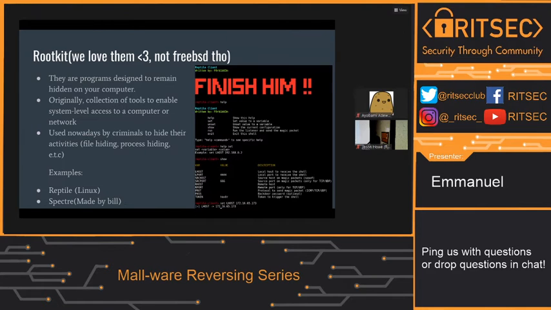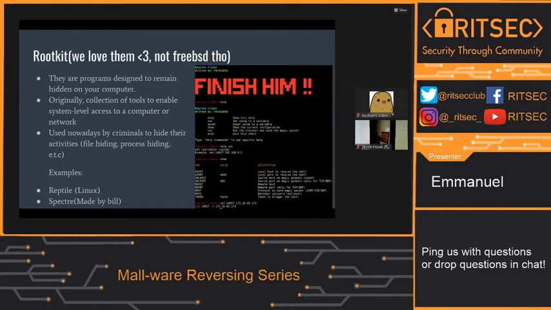And rootkits, okay. We love rootkits. Maybe not BSD. It's fun, but it's a topic for another day. They are meant to just hide in your system without you knowing. Before it's used maliciously, the whole idea of a rootkit is mainly for sysadmins to have system-level access to your computer in case they have to fix a bug in the kernel.